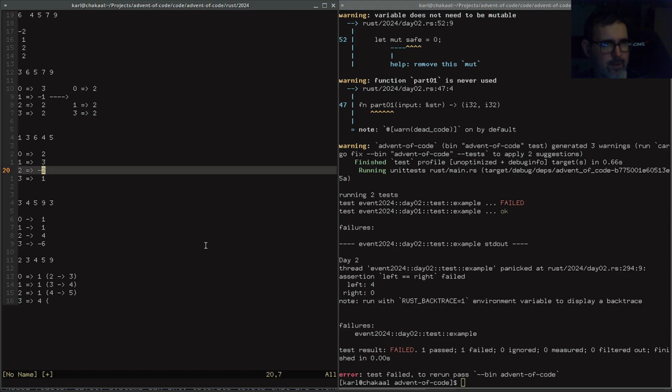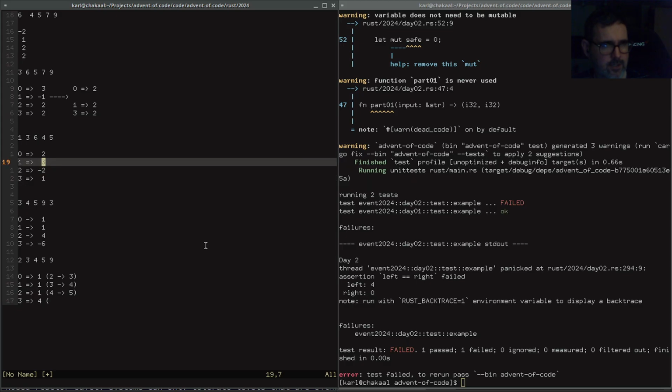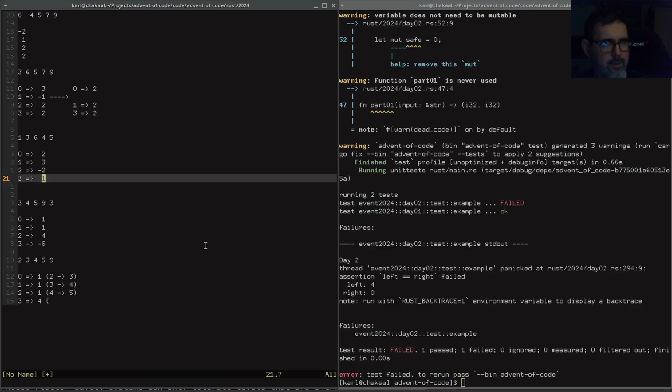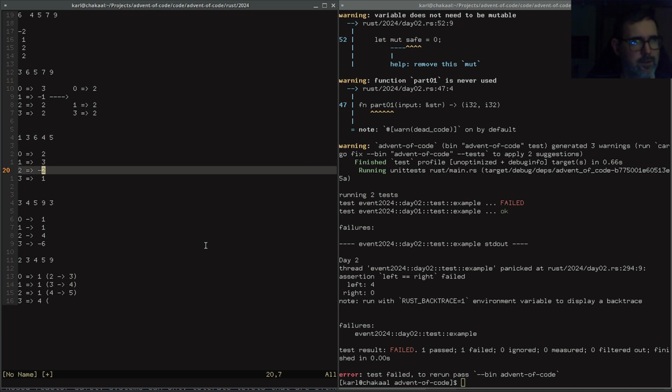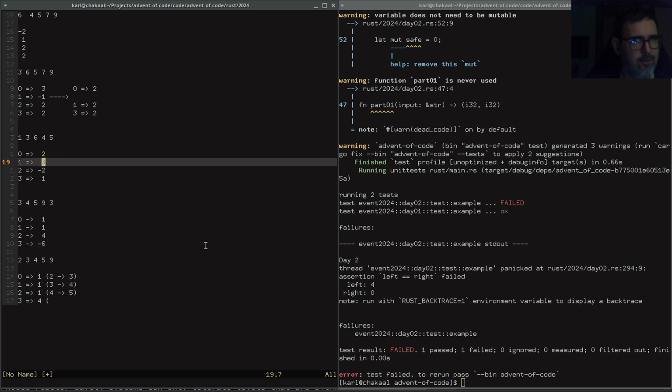But like for here, we've gone down two and then back up one. So that's a net change of one, right? Yeah. So we're kind of right.